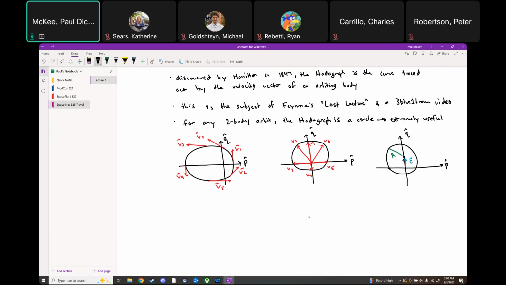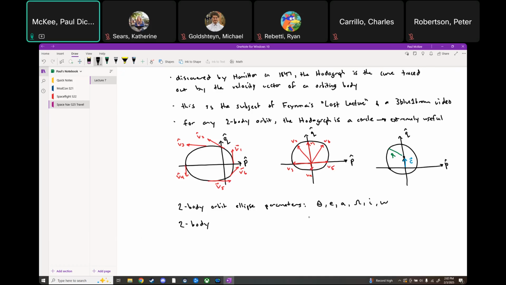Now remember that a two-body orbit ellipse has these parameters. These are our orbit elements, right? You've got theta, e, a, omega, i, and omega. So what about the hodograph?